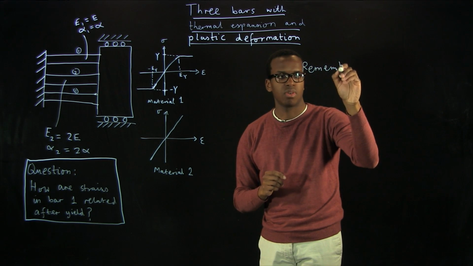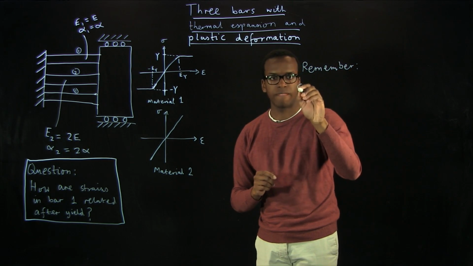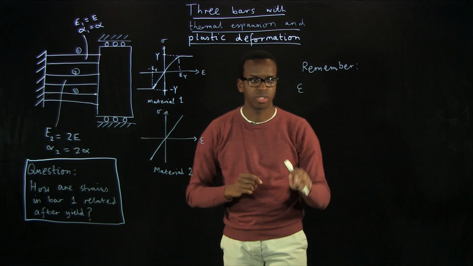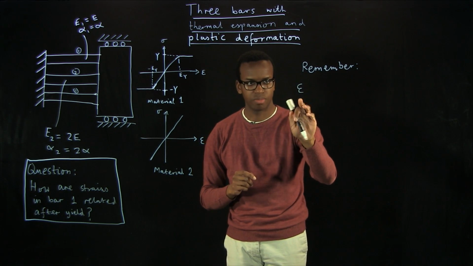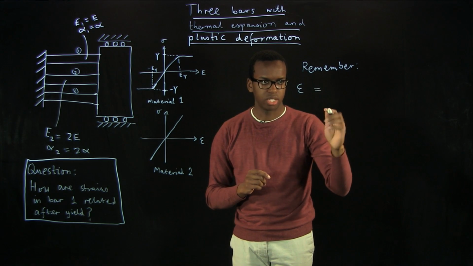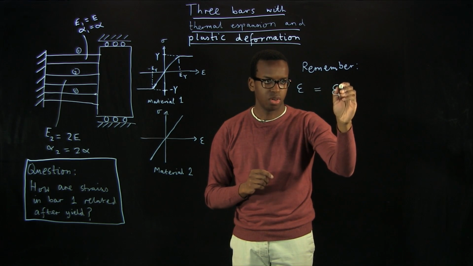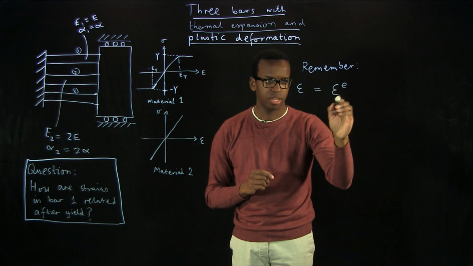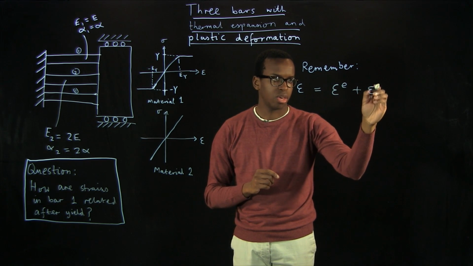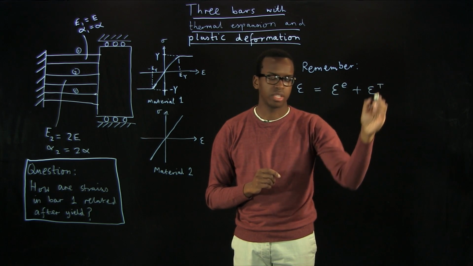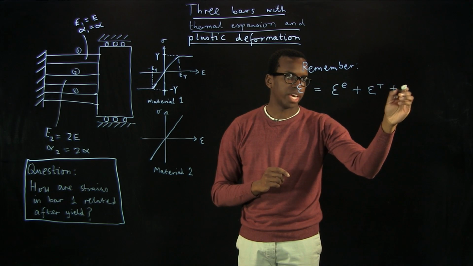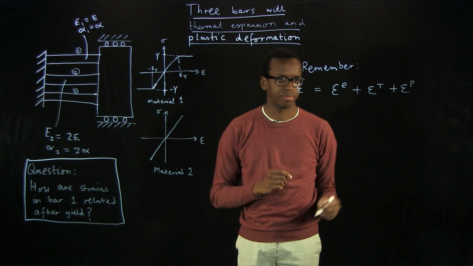So, remember that the total strain in a material, this is the strain that we actually are able to measure, is broken into 3 portions. We have our elastic strain, we have our thermal strain, and we have our plastic strain.